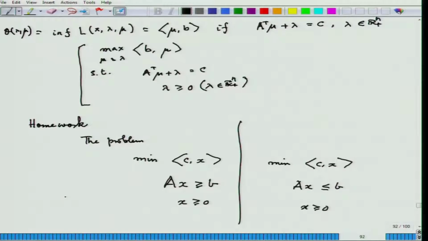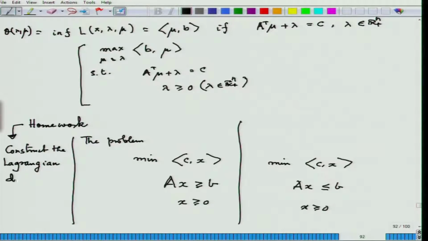Now, the question is construct the Lagrangian dual for these two. So, the homework is as follows: construct. So, I will tell you possibly in the next class what the answers of these are.